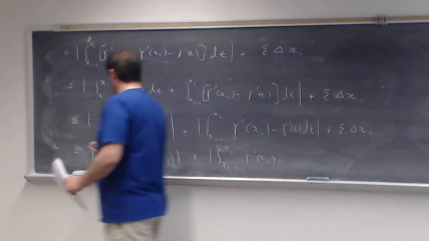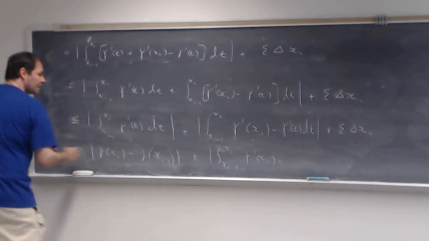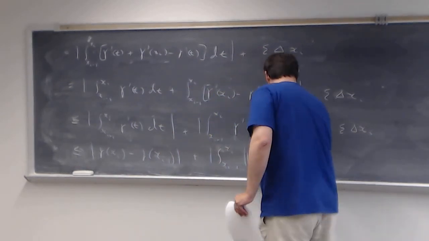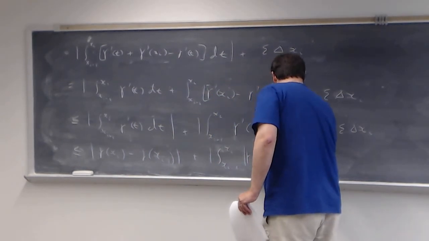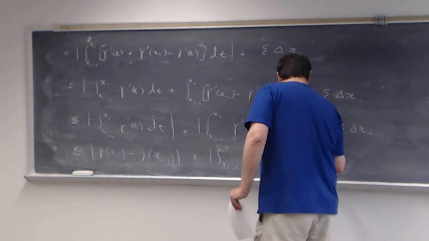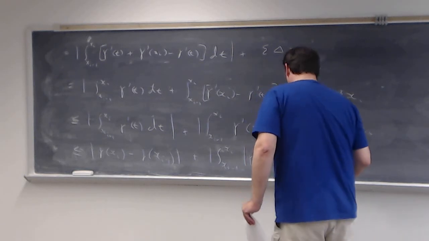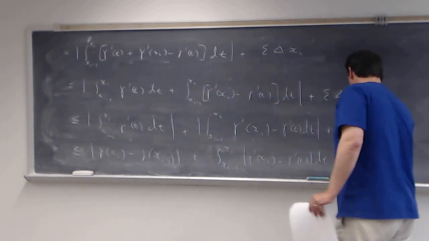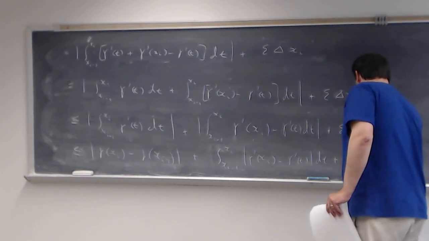Well, I'm sorry, let's make this less than or equal to. Let's make this change, and let's pull in these norms here. Pulling in those norms, plus epsilon times delta x sub i.